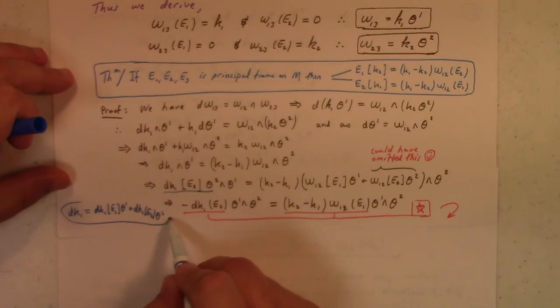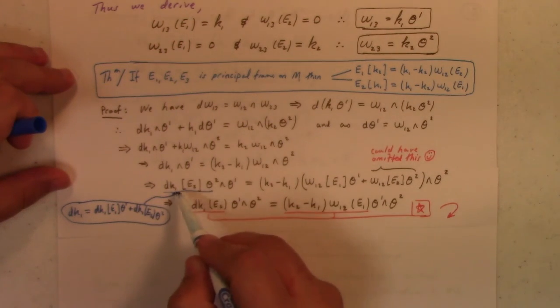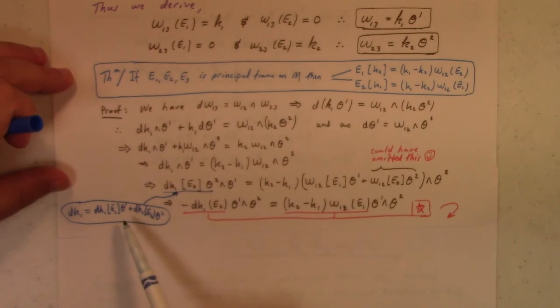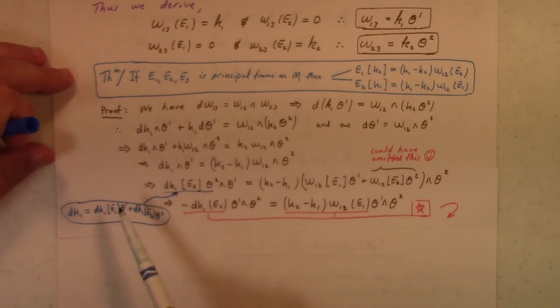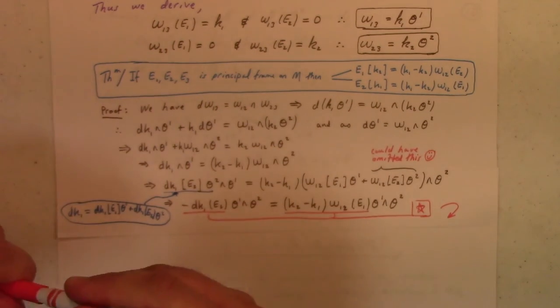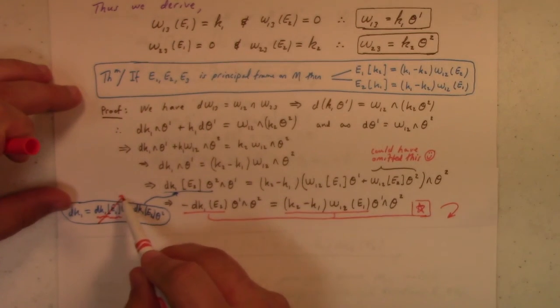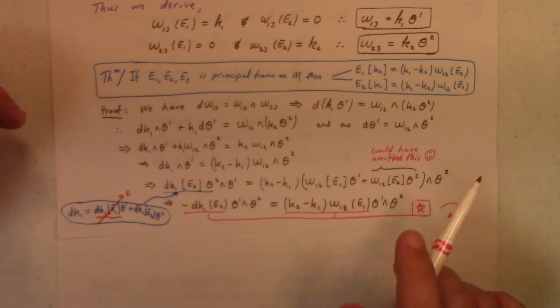That's the full story. But I just wrote that piece up there because I knew I don't even need to write down the theta 1 piece, because I'm going to take the wedge product with theta 1. And because of that, I already know this piece is just going to vanish in this calculation, so that's why I didn't write it.